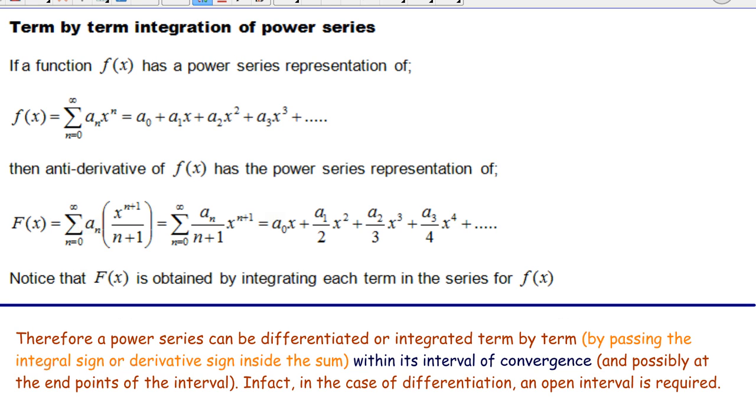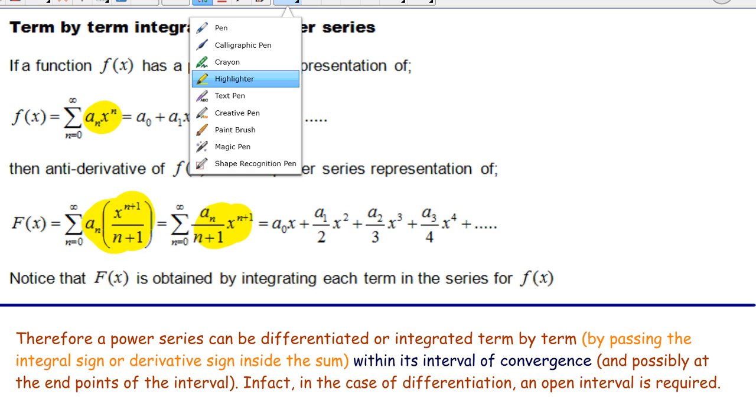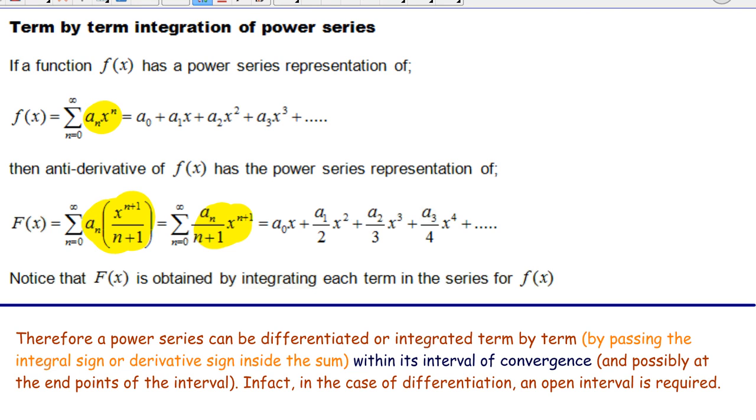Now, term by term integration is almost similar to that. What you can do is just go ahead and find the integral of the nth term of the series, and that simplifies to that. If you check term by term, you can see that that's actually true.